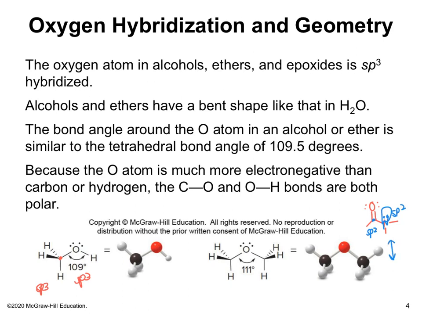Well, the lone pairs, if they can participate in resonance, they will. Okay, and in order to do resonance, you have to have an sp2 or an sp element hybridized.